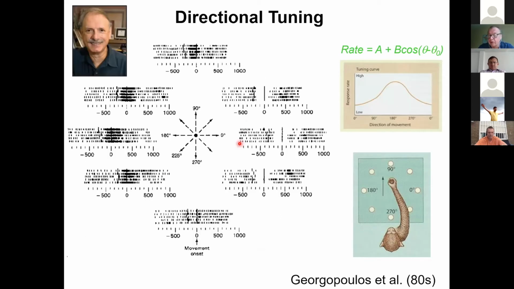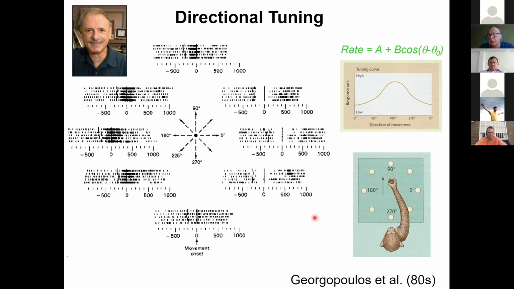So then came Georgopoulos, who enriched the motor repertoire of the monkey, and the monkey would be moving the hand in different directions. And Georgopoulos described this directional tuning curve, where on the x-axis you have movement angle, and on the y-axis you have neuronal firing rate.